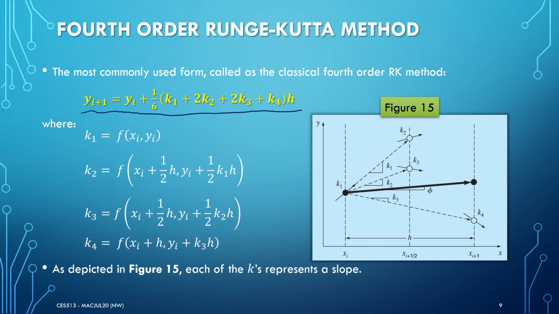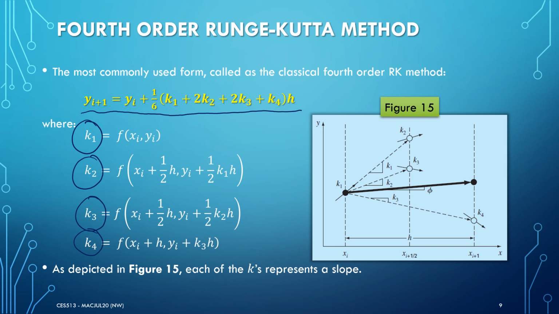Notice that for ODEs that are a function of x alone, the classical fourth order Runge method is similar to the Heun approach. As depicted in figure 15, each k, k1, k2, k3, and k4, represents a slope.